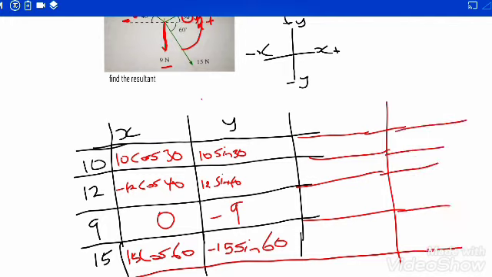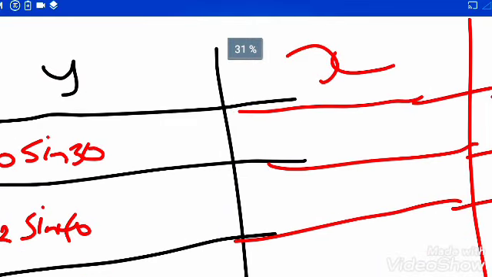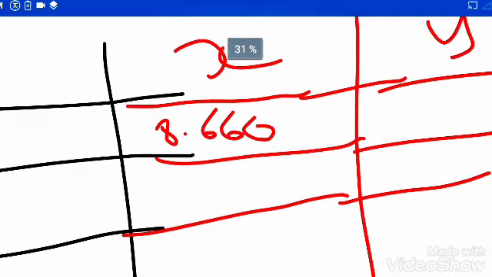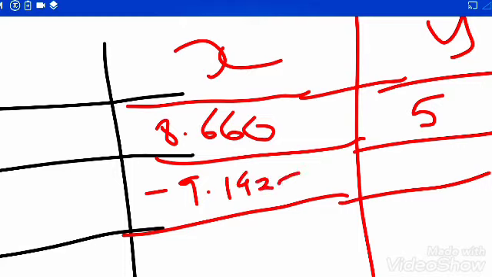Alright, so from here, this is our x, this is our y. When you punch 10 cos 30, you're going to get 8.660, and here you'll be getting 5. The next one, minus 12 cos 40, you're going to get minus 9.1925, and here you'll be getting 7.7135.